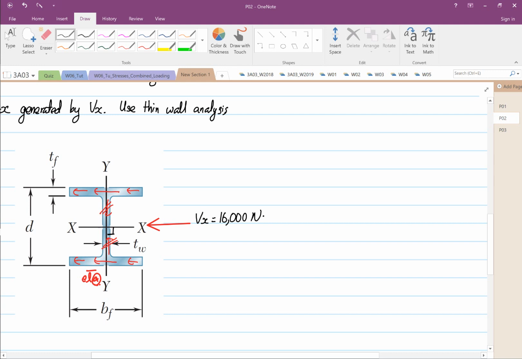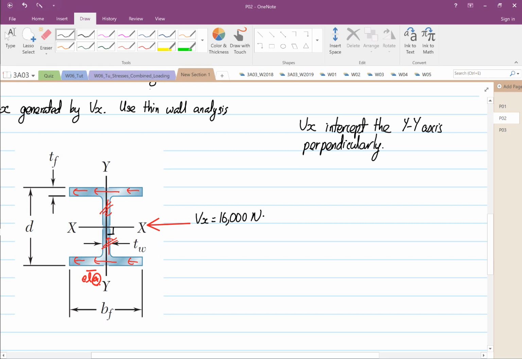So we realize that Vx intercepts the y-axis perpendicularly. Okay, perpendicularly. I don't think that's such a word, but anyway.